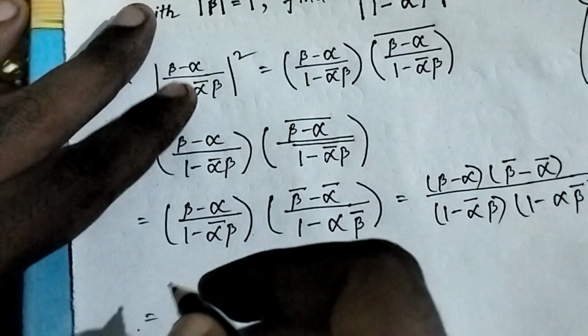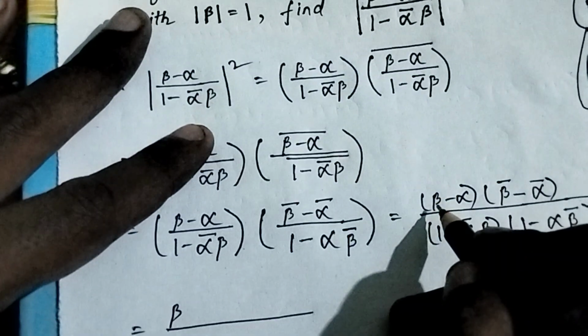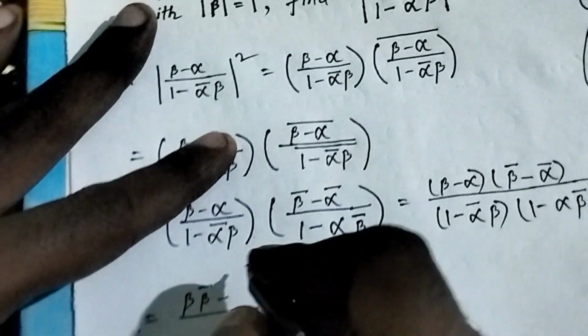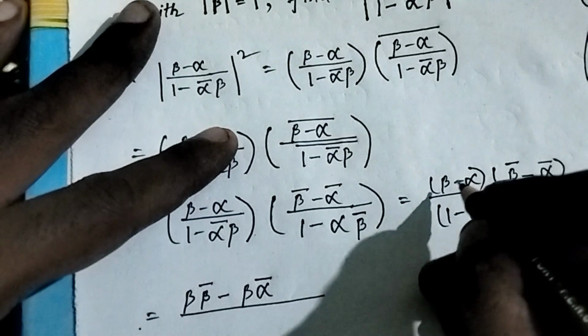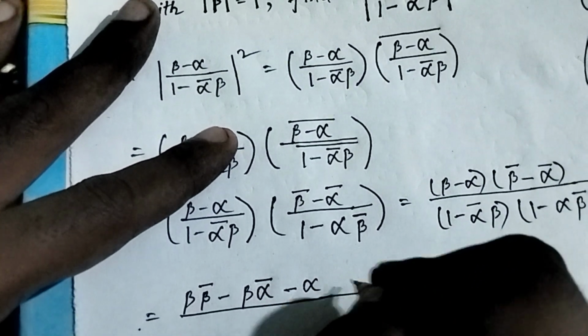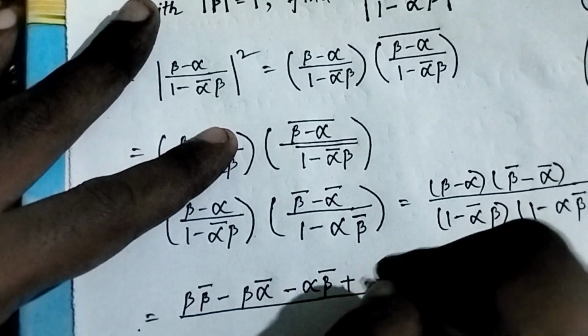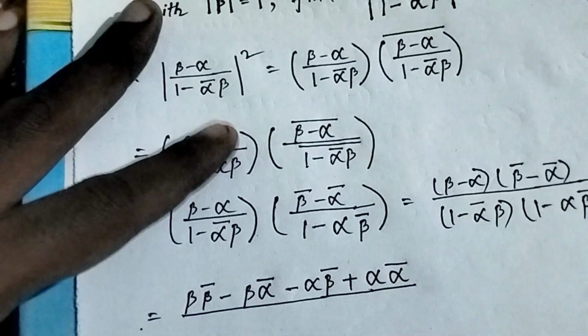So this will be beta into beta conjugate, minus beta into alpha conjugate, minus alpha into beta conjugate, plus alpha into alpha conjugate.